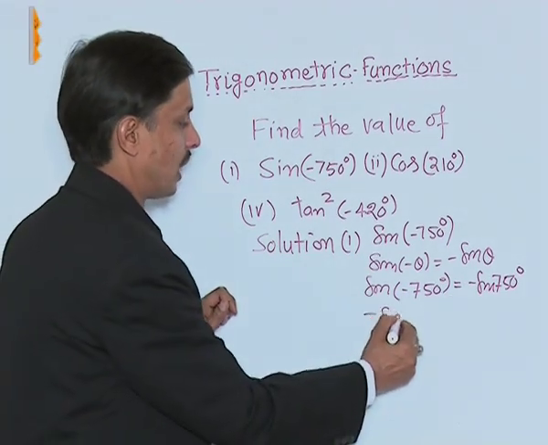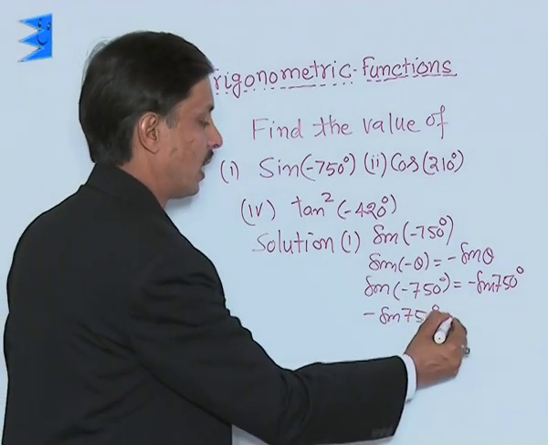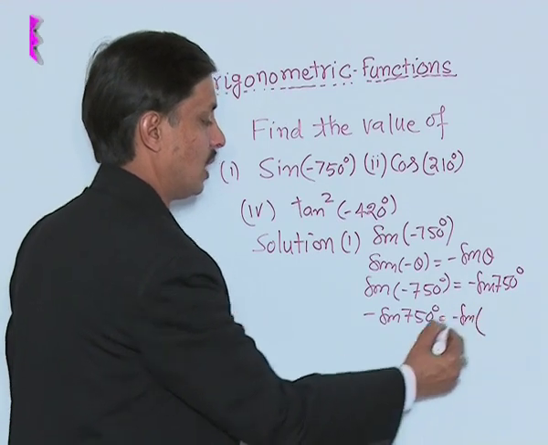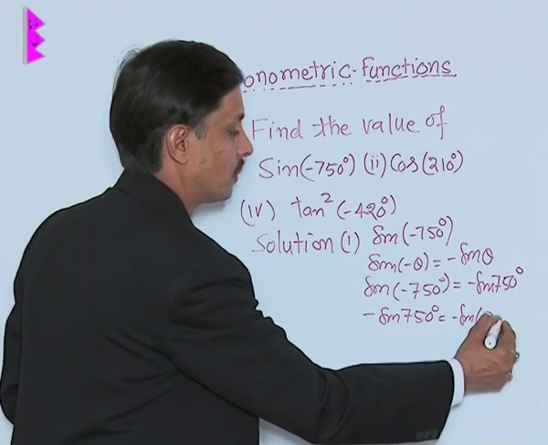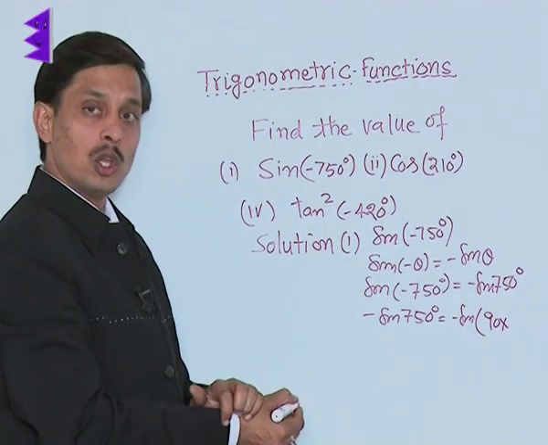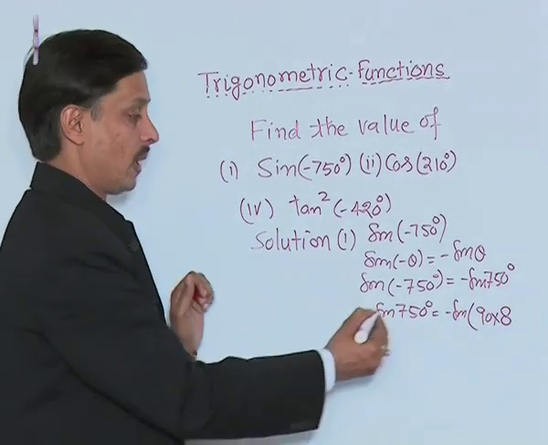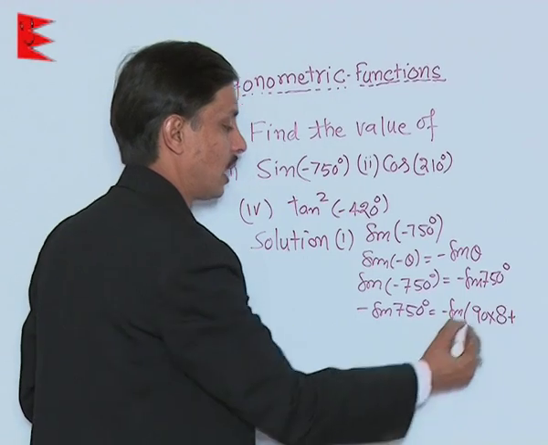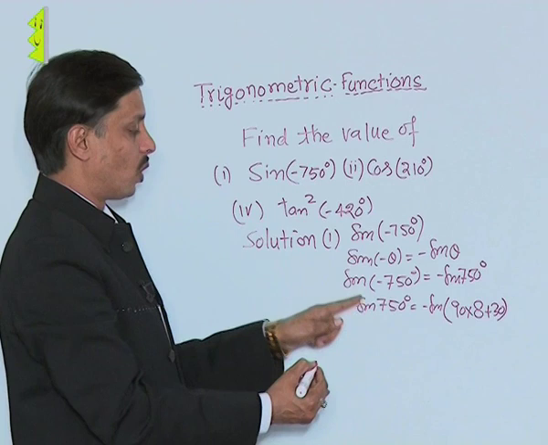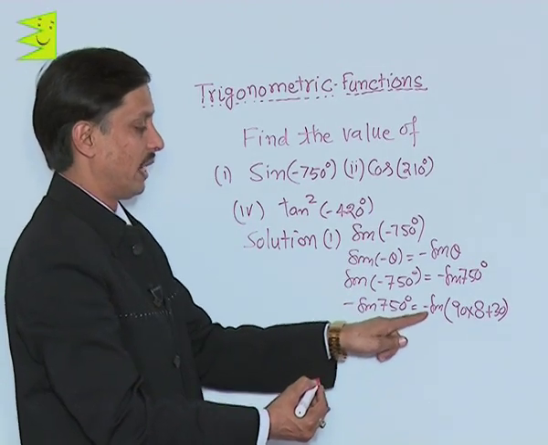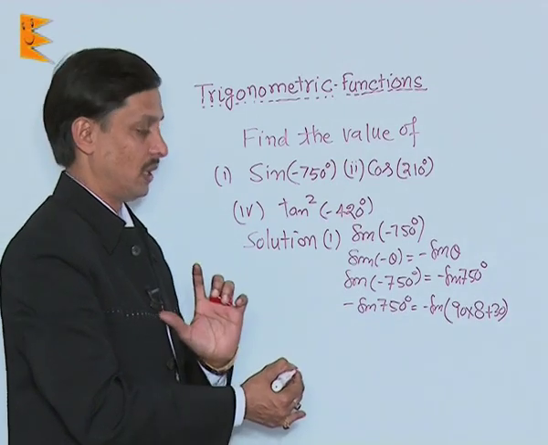Now minus of sine 750 degree can be written as minus of sine of 90 into something plus something. It is 90 into 8, that is 720, and 720 plus 30 is 750, so I can write sine of 750 degree as minus of sine of 90 into 8 plus 30.